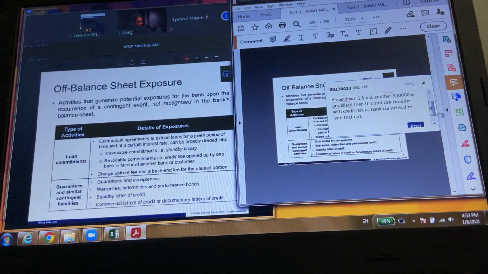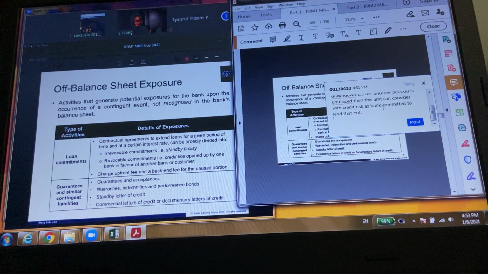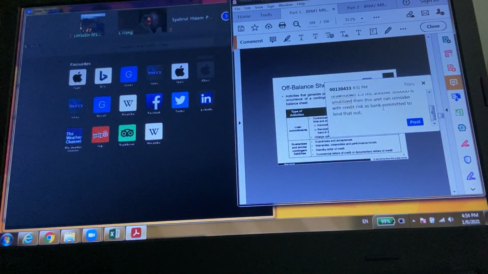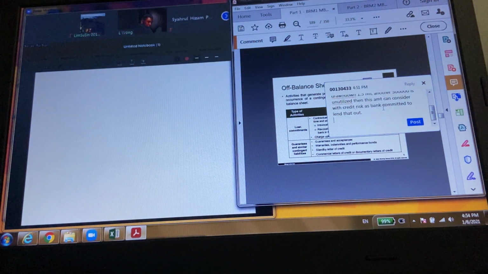Commitment. The other one is guarantee. I think I explained guarantee to you, right? So if a bank gives a guarantee to a customer, for example, let's say this is the customer. The customer borrows money from CIMB, so CIMB gives a loan to the customer.